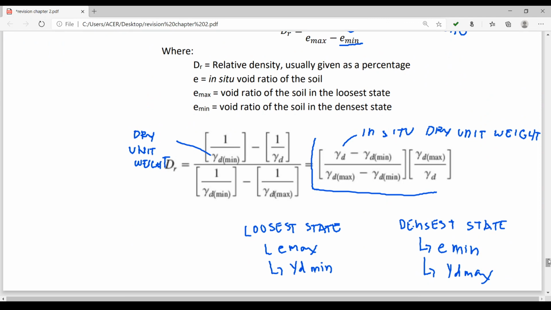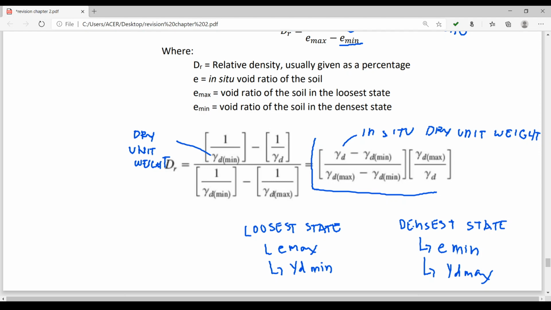So kapag sinabi ng problem na this is the void ratio at the loosest state, yun po yung Emax niya. Kapag sinabi naman na this is the void ratio at the most compact state, then that is your Emin.